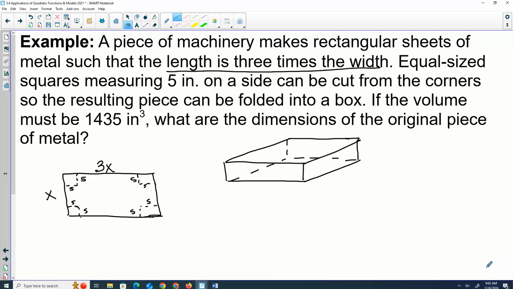So there's my box. Just fold it on these lines that were left. All right, can we make dimensions on this box?